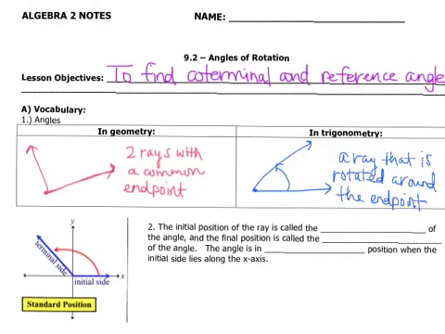So it's a ray rotated around that endpoint that creates what we call the angle of rotation. You will see that Greek letter theta used again as your angle of rotation. So when you see that, just understand that's your angle of rotation.